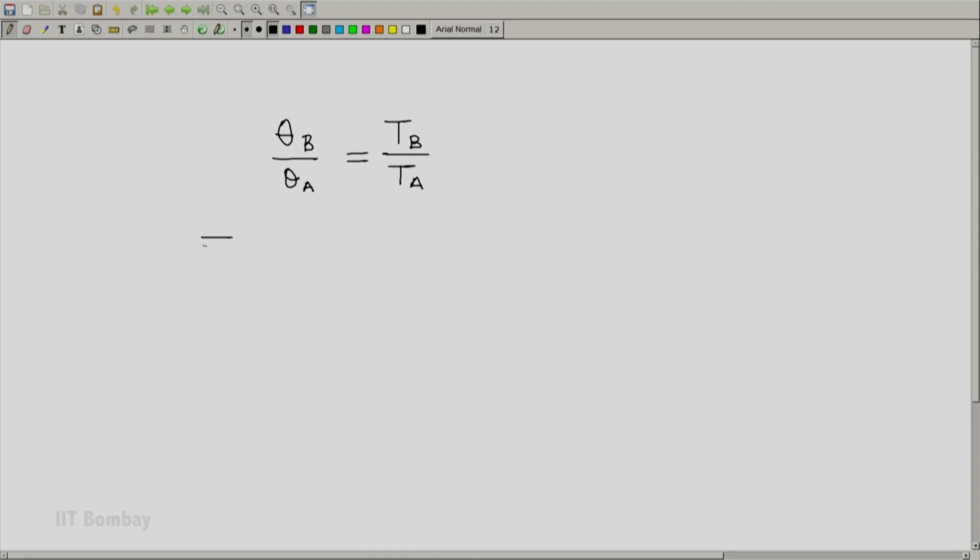Transposing terms, this implies that theta B/TB is theta A/TA, which indicates that the thermodynamic temperature scale and the ideal gas temperature scale, the Kelvin scales, the temperatures are proportional to each other.